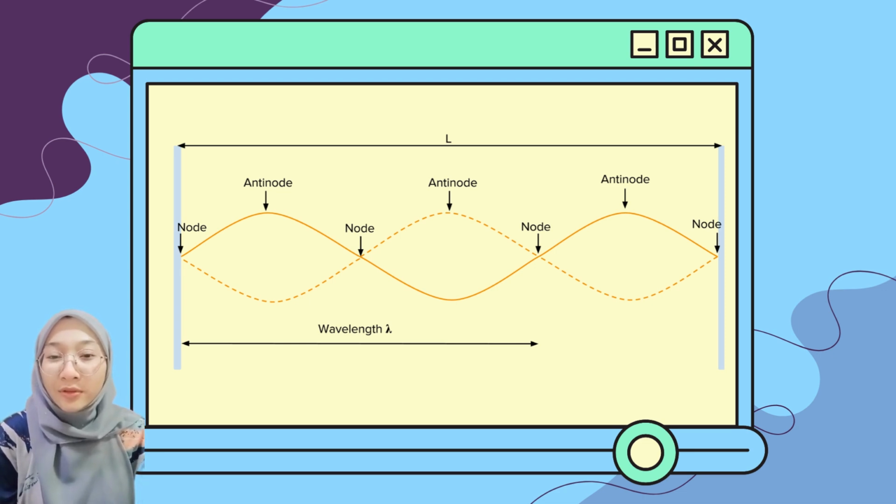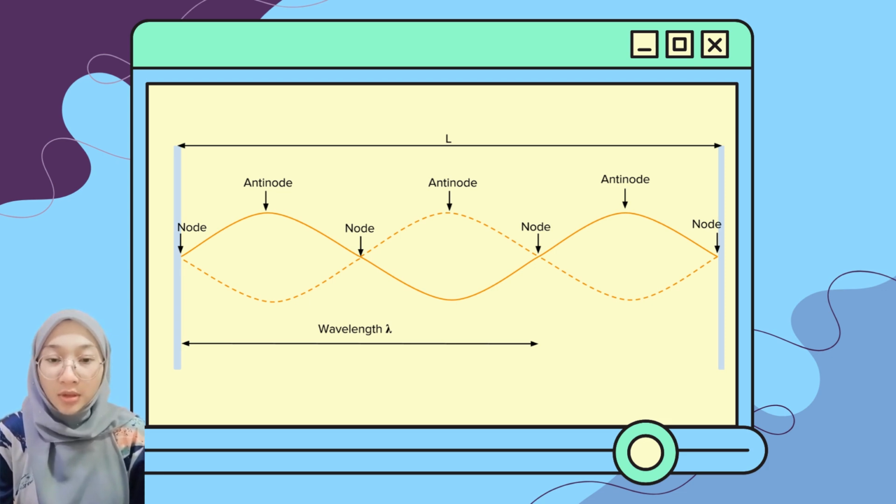A standing wave is formed when two waves of the same frequency and amplitude travel in opposite directions and interfere. In this case, the incident wave travels to the right and the reflected wave travels to the left and they combine. Second, nodes and antinodes. Nodes are points of zero displacement where destructive interference occurs. The waves cancel out each other.